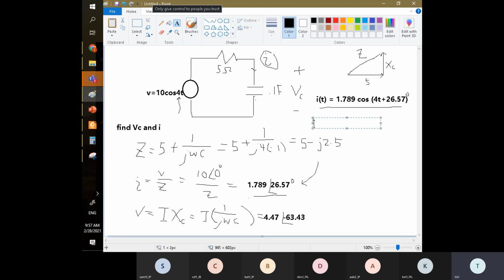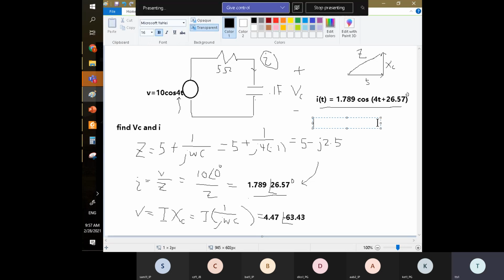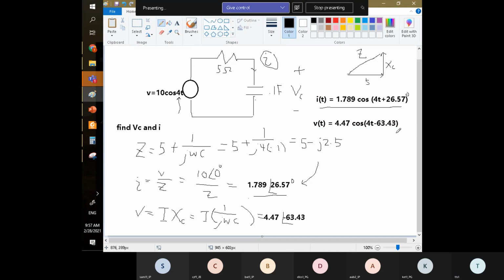I know you know how to write it. V equals the magnitude taken directly from here, 4.47, also cosine. Frequency doesn't change, so 4t minus 63.43 degrees.